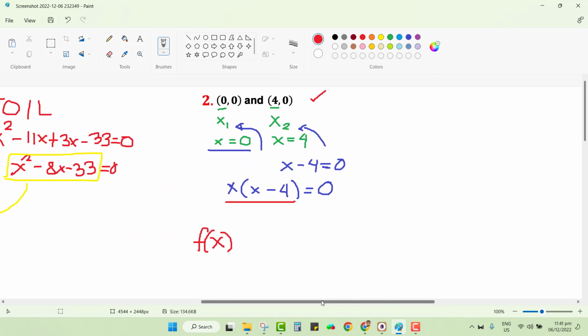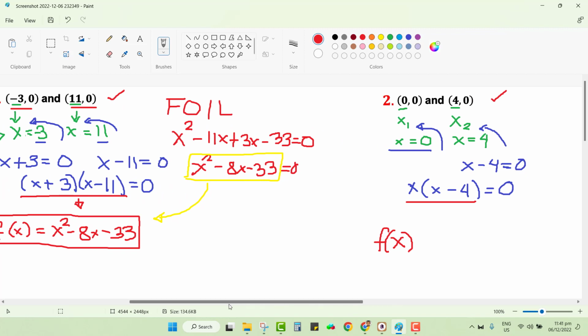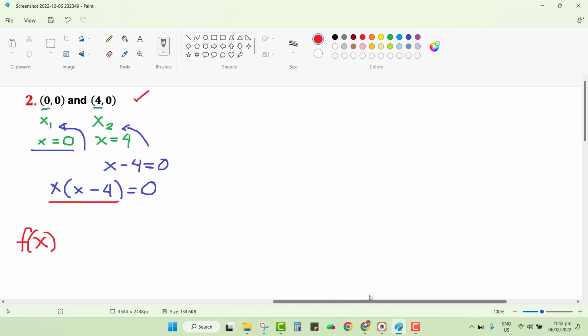Earlier, we used the FOIL method since we had two binomial expressions. Here, we only have one binomial expression. Hence, what we could use here is a simple distributive property. In short, our given function here is the product of x and x, which is x squared, minus 4 times x, which is 4x.